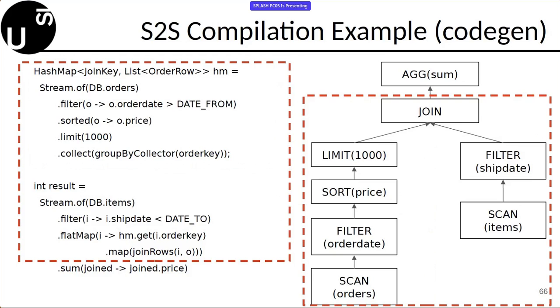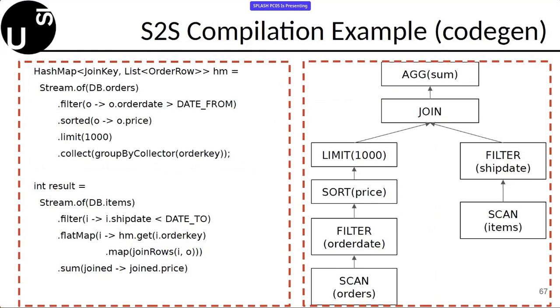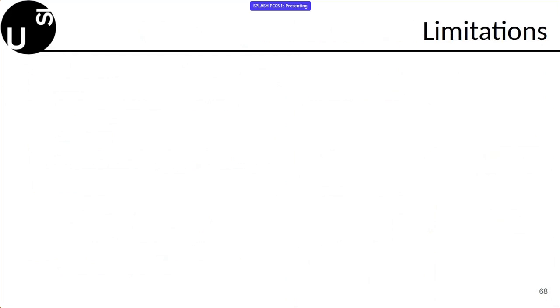In this example, it is only the field price. And finally, we append the code for the aggregation function, which in this case is a sum operation.